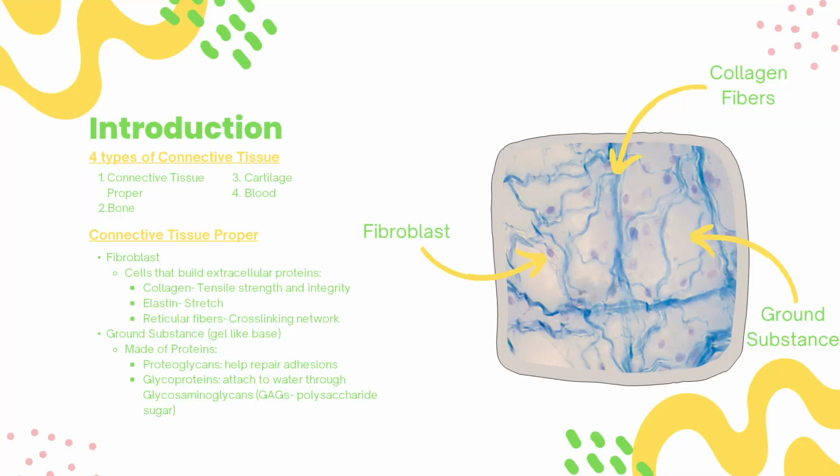Now, collagen is made up of a smaller molecule called tropocollagen, and its metabolic turnover is about 300 days. What this means is if we injure collagen structures, it can take up to 300 days for that collagen structure to go through its whole cellular process and get back to its original integrity that it had before the injury itself.